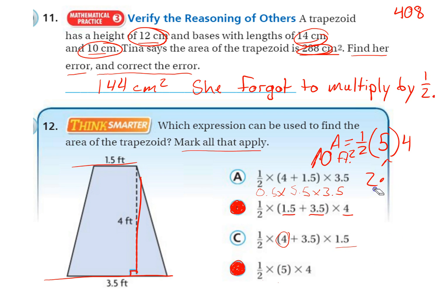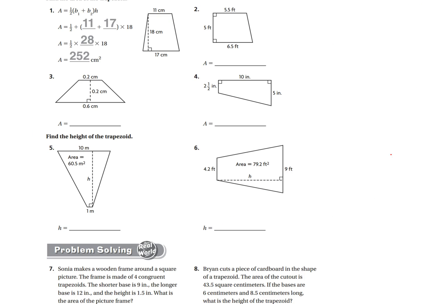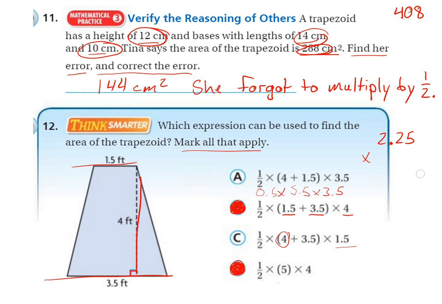All right, now that top one, I'm just going to double check it. I'm like 99% positive it's not going to work, but we can always double check it. Okay, half of 5.5, I'm just going to use mental math. It's going to be 2.25, and then times 3.5.